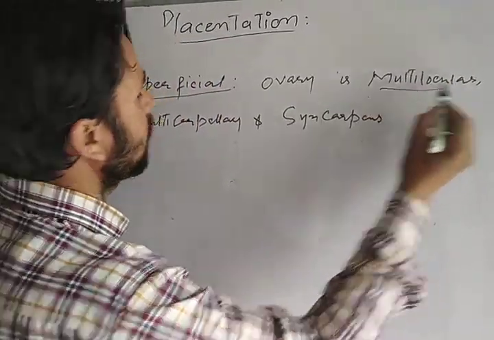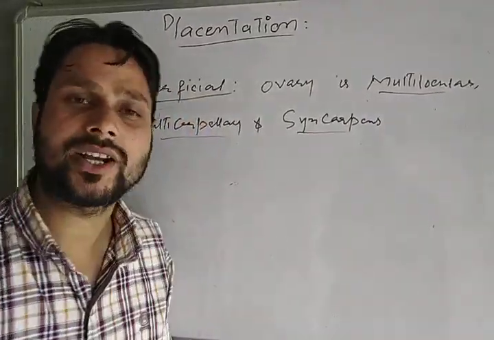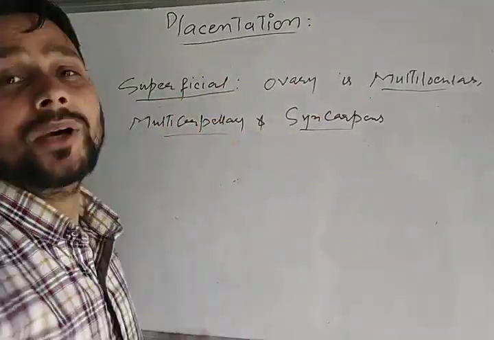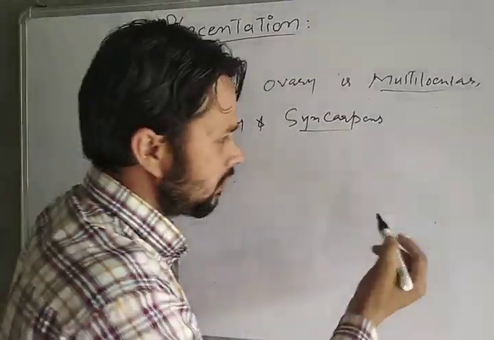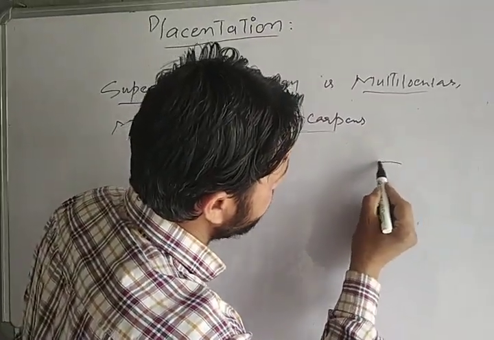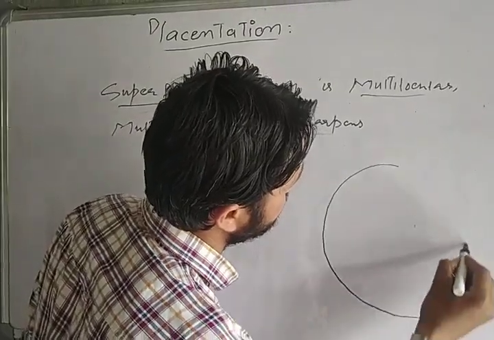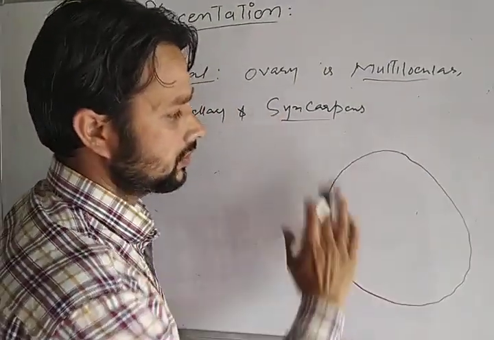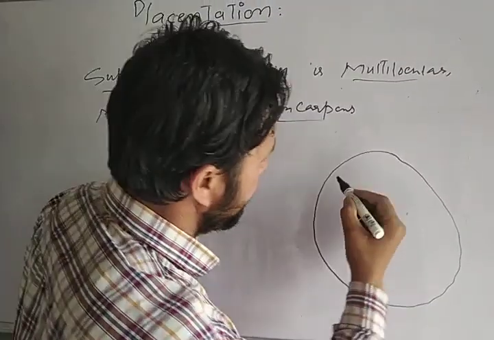This multilocular, multicarpellary, syncarpous condition represents the superficial condition of placentation. And what happens? I will show you. If this is the ovary, here are septa.